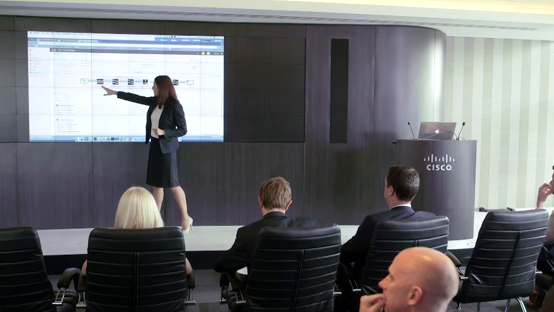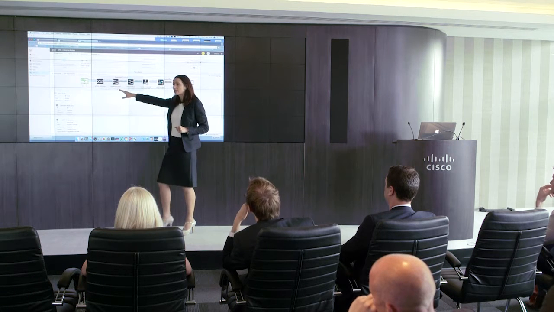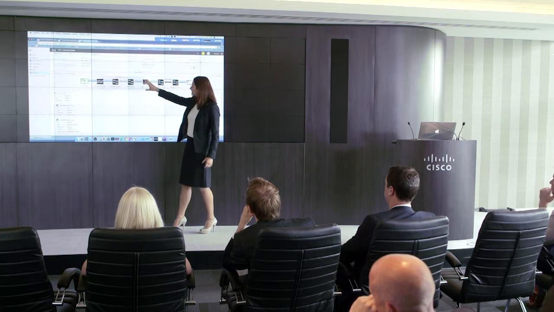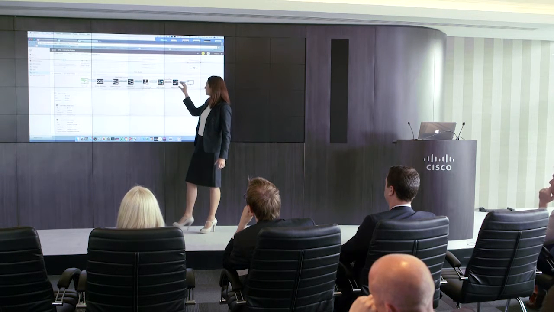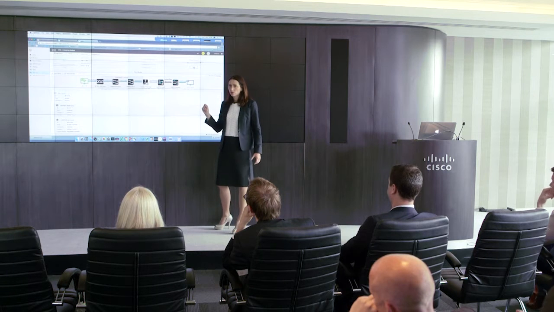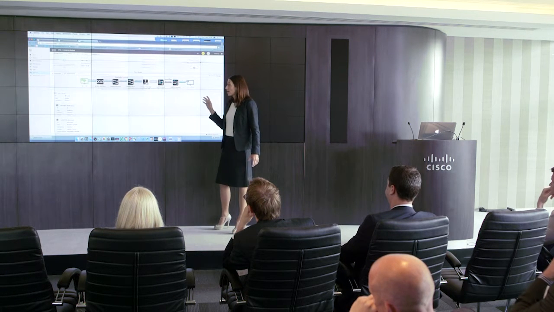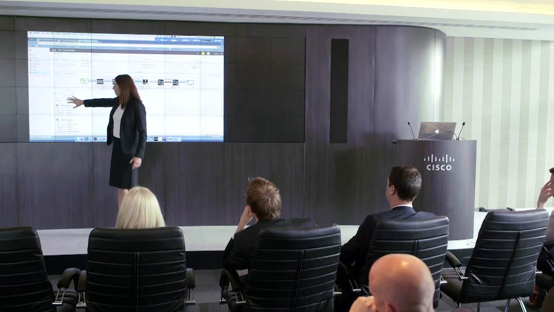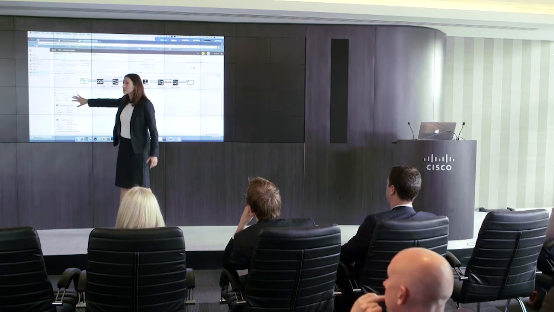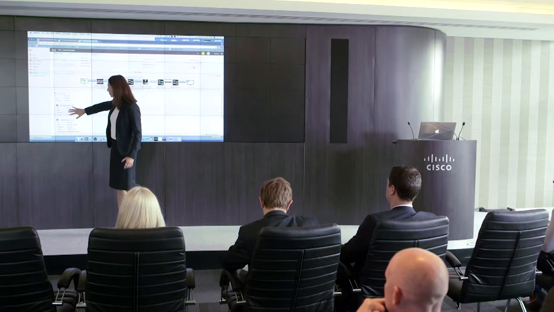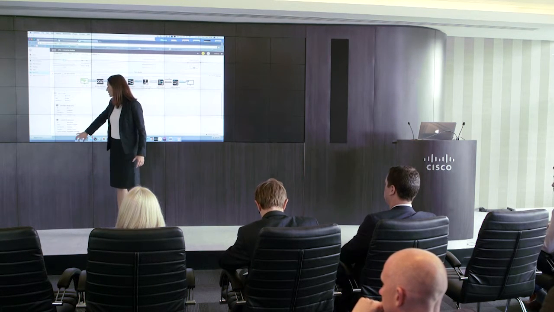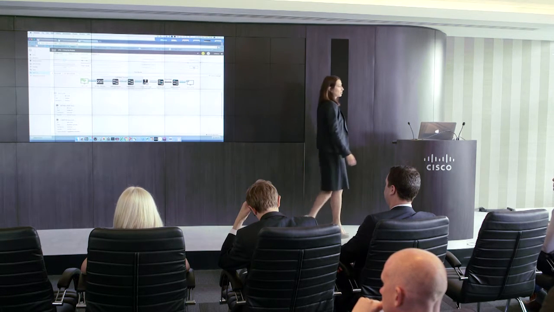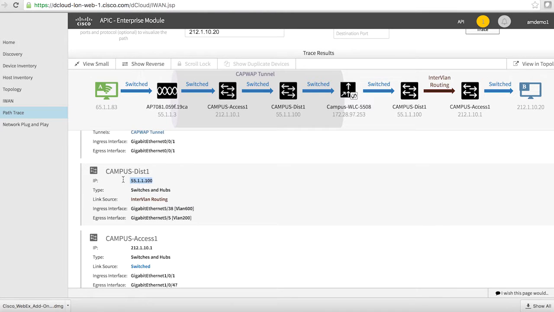It goes to the AP, then it goes in a CAPWAP tunnel, so an encrypted tunnel, to the controller, which is here, and then is decrypted again, and the packet is delivered to the desktop. Here you can see the route that the packet is taking from an IP to an IP, the source and destination, what kind of protocols are used, and hop by hop the route that the packet is taking.